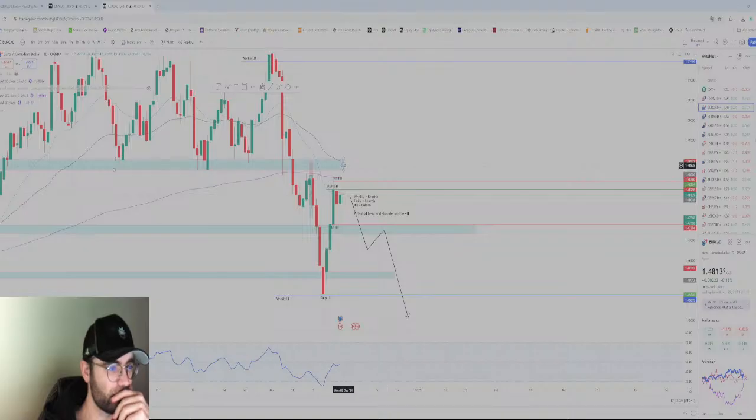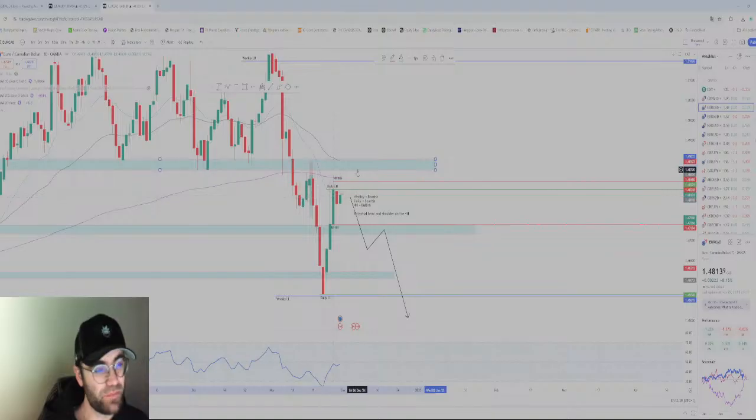Another scenario would be that it would retest this structure and then go down, but then the daily would maybe be bullish if it isn't a wick. So I'll put an alarm here just in case. It's near a psychological level as well, plus the daily EMA.